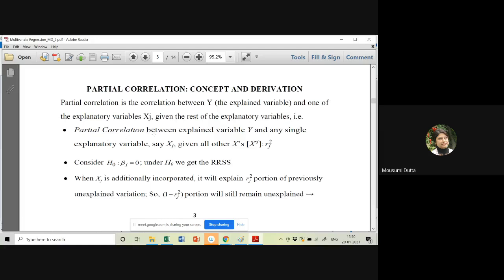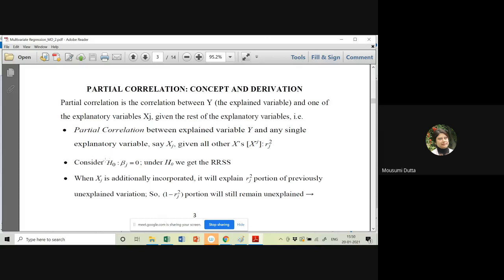That is, the partial correlation between the explained variable y and any single explanatory variable, say xj, given all other x's, we are presenting by the notation rj square.